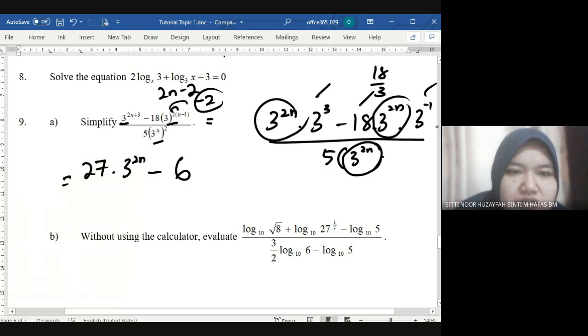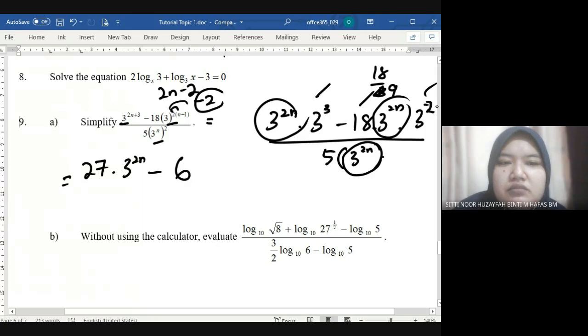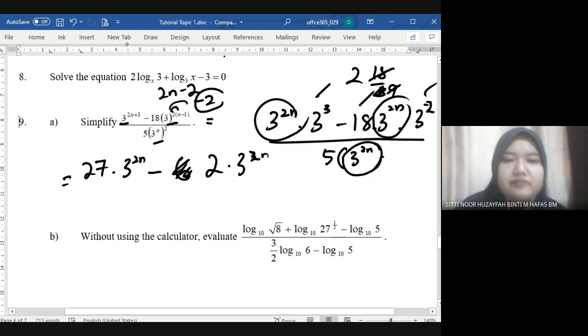So it's the power of -2. So 18 divided by 3 to the power of 2, which is 9, is equal to 2. So we have here not 6 but 2 of 3 to the power of 2n. Right? And divide with 5 of 3 to the power of 2n.